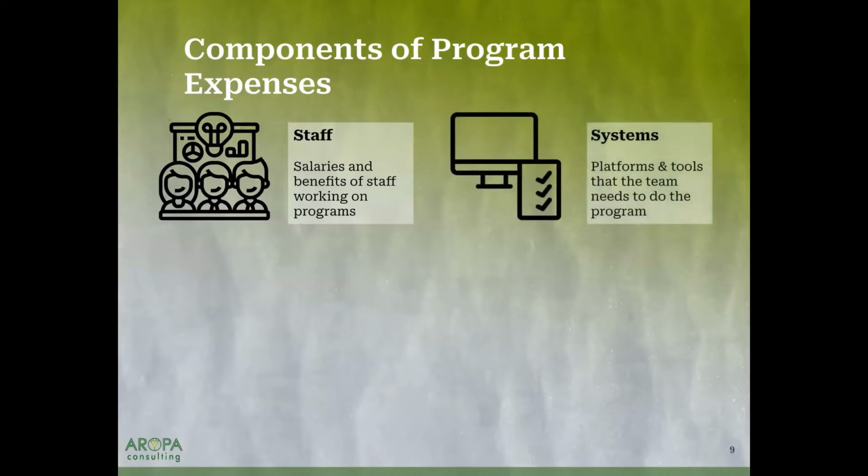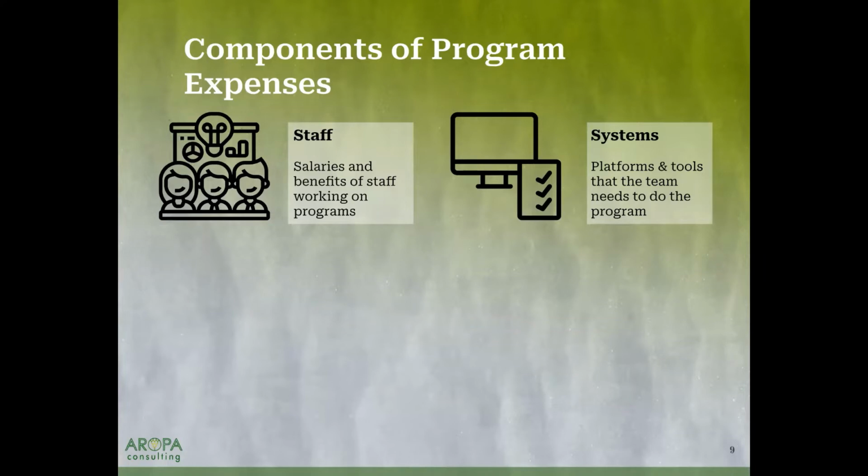All right, then systems. So any platform or tool that you need to do the program. Again, if you're delivering food and you need a car registration program because you're checking cars in and out so that you can do these deliveries, and no other part of the organization uses that program, that is a program expense.